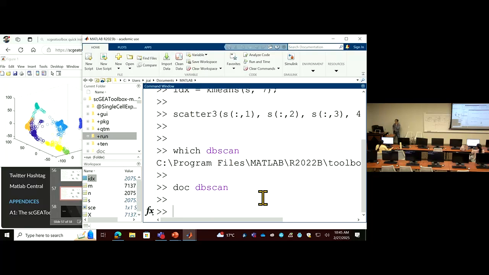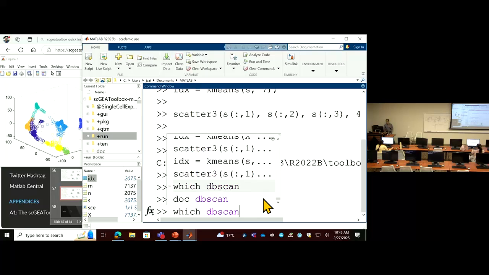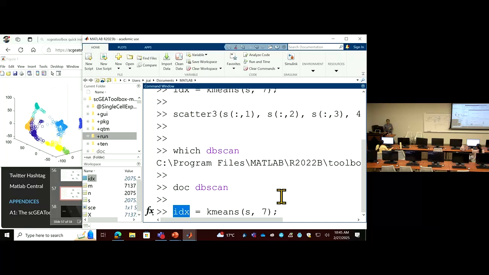Give it a try. The output will be very similar to this. You want to get the index of the membership of the clustering number, but you replace this k-means using the DBSCAN function, and then read the documentation and see how you put the other input variables in order to make this program run.